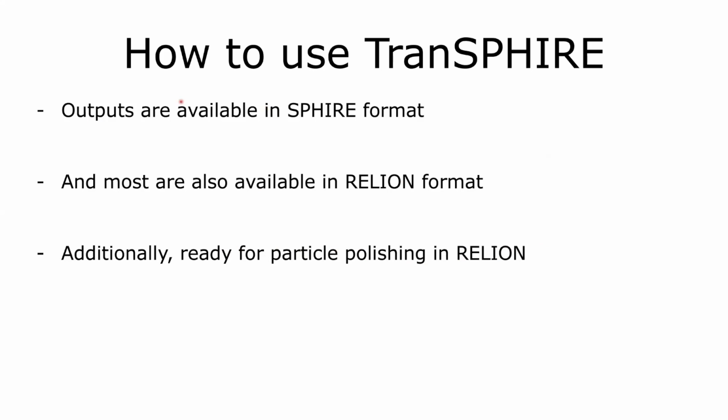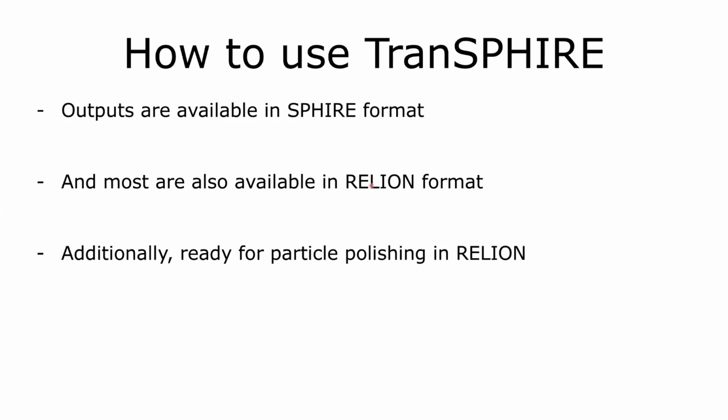And even though the outputs are available in the SPHIRE format, SPHIRE also offers the tools to convert the SPHIRE format into the RELION format itself. So if you like the particle stacks that you got after 2D classification, it's just one command away from importing it into your RELION pipeline, or use it directly in the SPHIRE format.